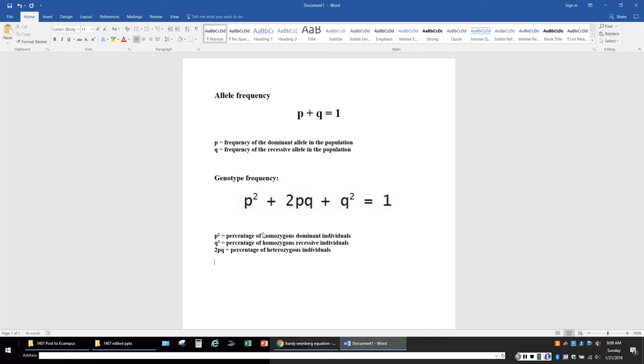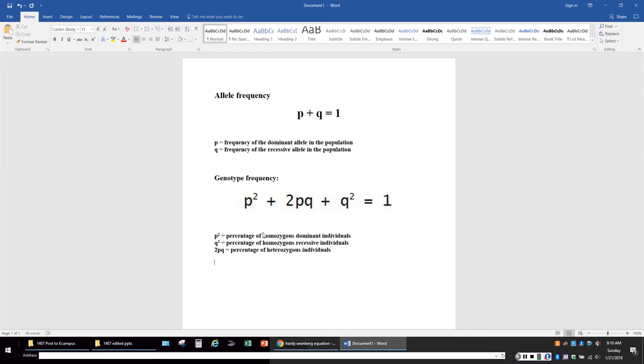So if the frequency of p is 0.5 or 50%, then the frequency of q must be 0.5 or 50%, because they've got to equal 1 or 100%. So if the frequency of p was 0.7, then the frequency of q must be 0.3. You get the idea. Okay, so that's kind of the first step, allele frequency.